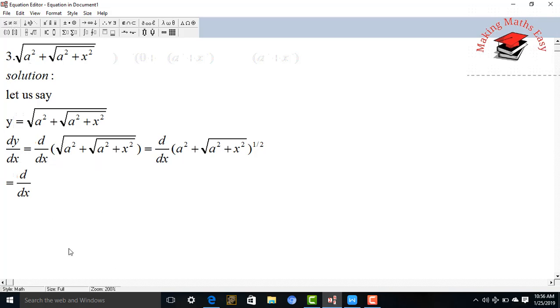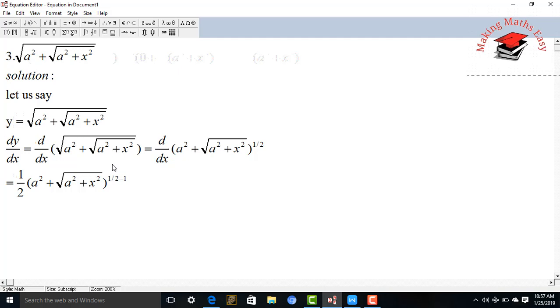So we will use the same formula here. So it will be 1 by 2 into this particular function raised to 1 by 2 minus 1.